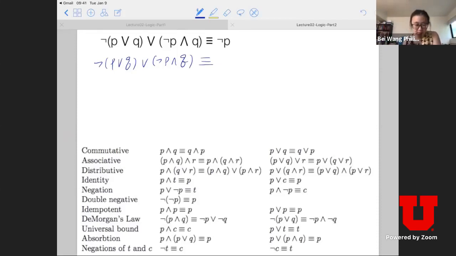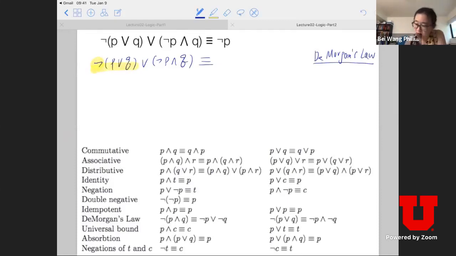The first thing I could potentially do, if I look at this, is that there is a negation sign outside of parentheses. So the first thing I might want to try is to use De Morgan's law. I'm putting the name of the rule on the right-hand side. I'm applying it to this entire piece here.